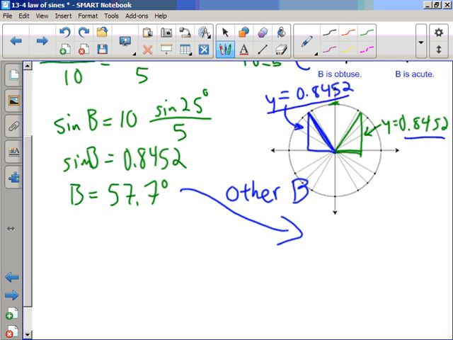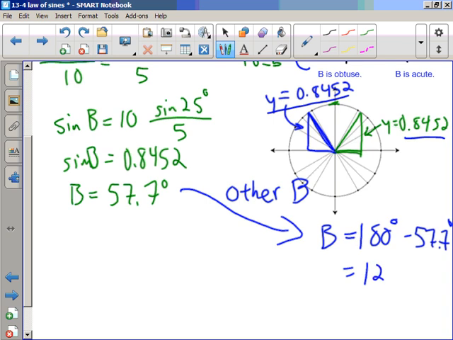Because those are the possible solutions that we're working with here that could be in a triangle. This is what you always do, and if you look at the unit circle here, the other B could equal 180 degrees minus the angle we just figured out. All right, so let's see if I can do this right, because I screwed this up. This is 123.3 degrees.